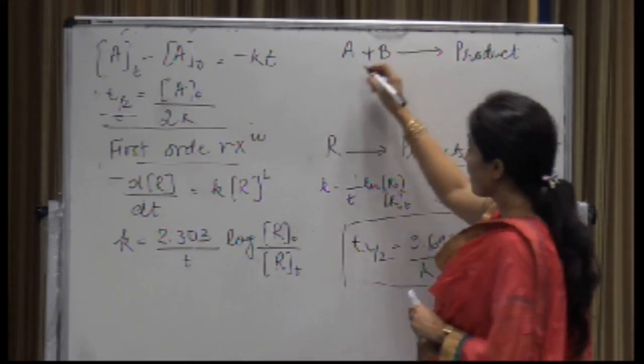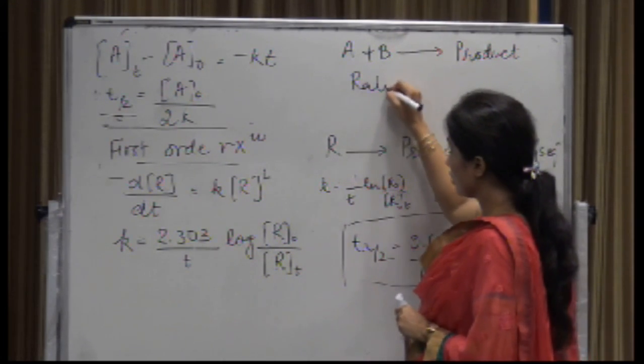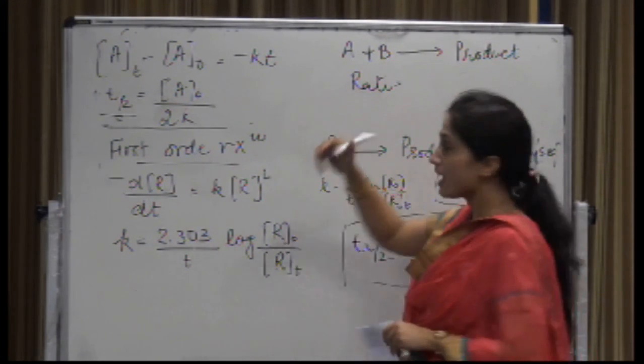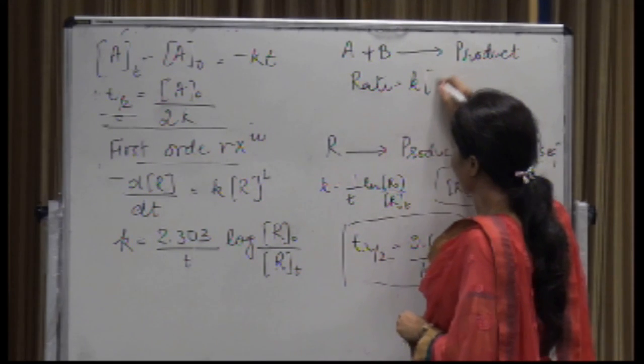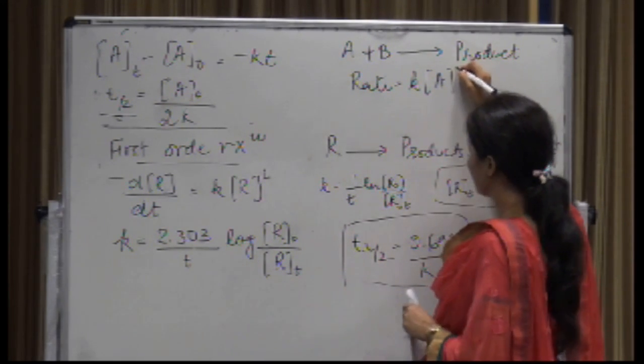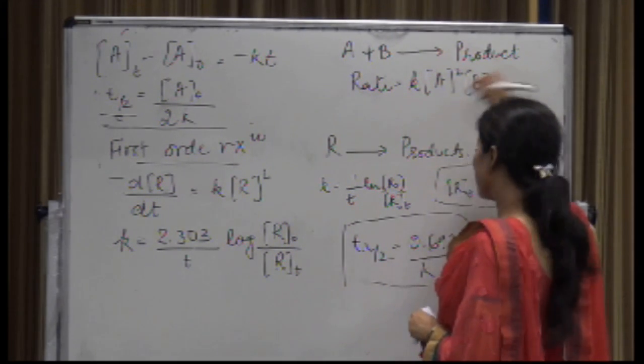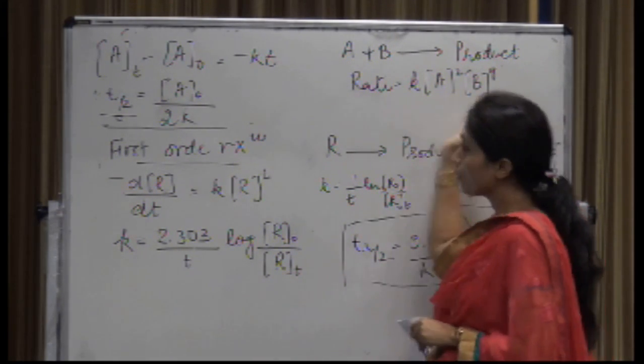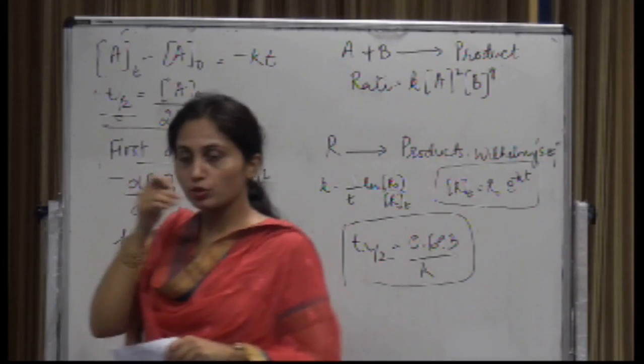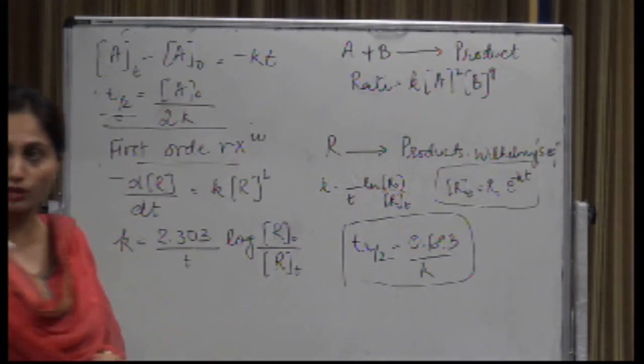So here my rate expression, what you assume is that it can be k into A to the power x into B to the power y. So your rate should be dependent on both of the reactants.